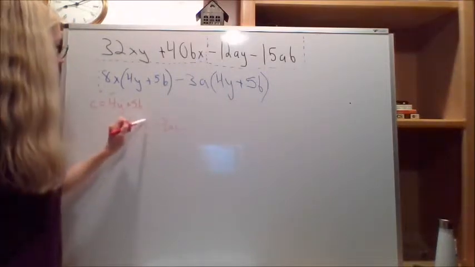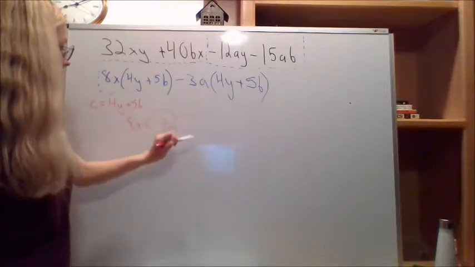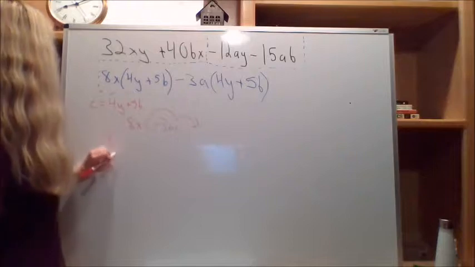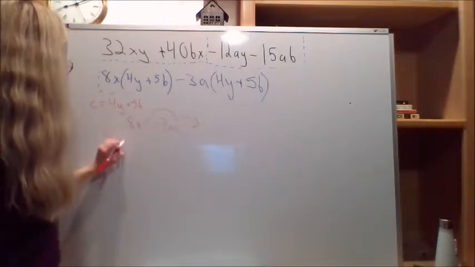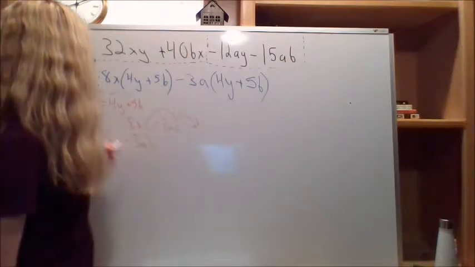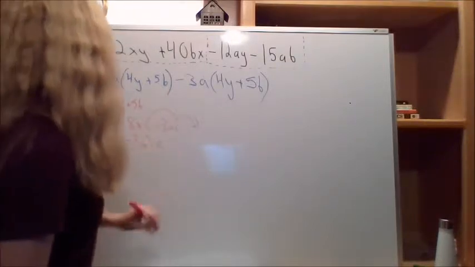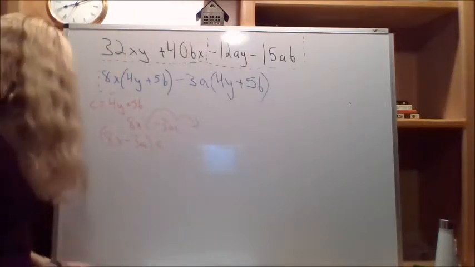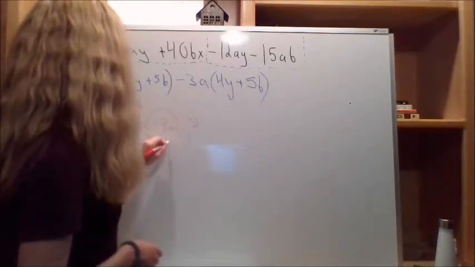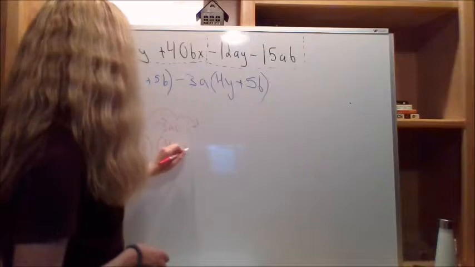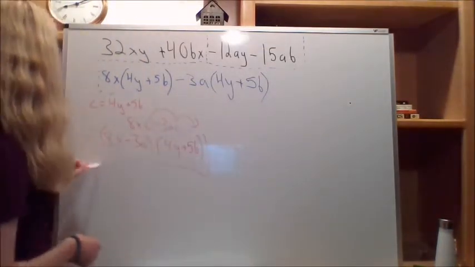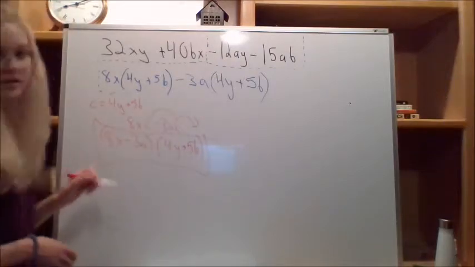And then we can factor this out. So we get 8x minus 3a times c. In this case, though, c is 4y plus 5b. So this would be our factorization.